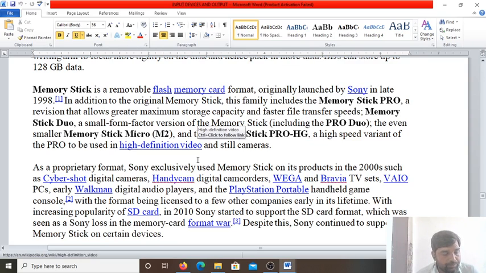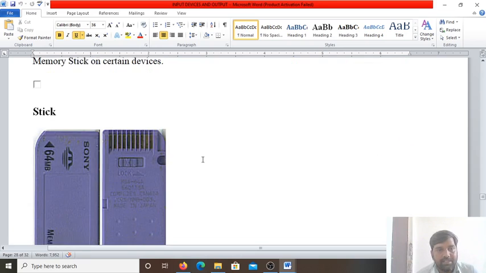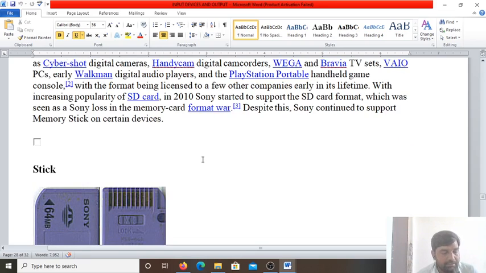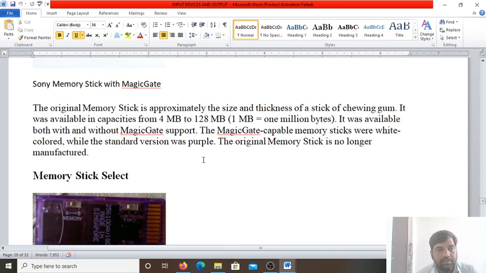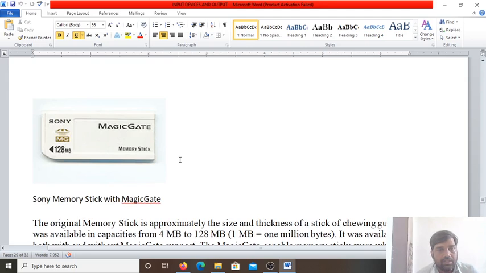Okay, so next, the last topic is the Magic Gate. This is the Magic Gate. Magic Gate is a copy protection technology introduced by Sony in 1999.